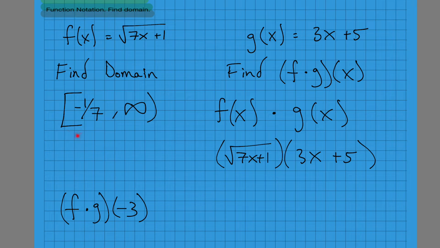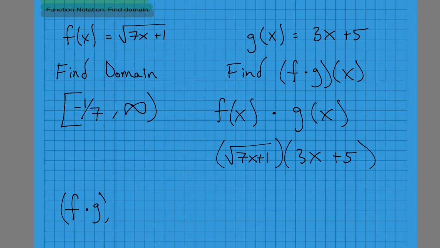Negative 3 is less than negative 1/7, so it's not in our domain. So we're going to call this undefined, because if I put negative 3 in for x, I'm going to get a negative number underneath the root sign. So if you see this, you can go ahead and say that's undefined, not in the domain.